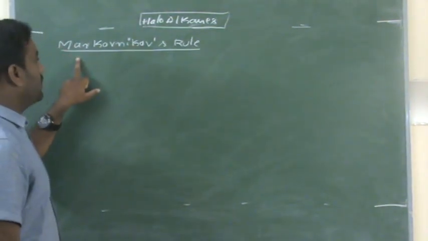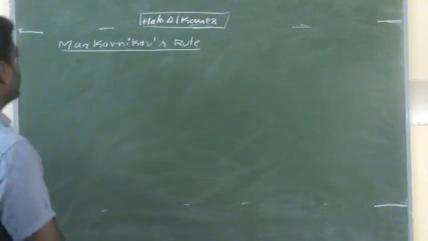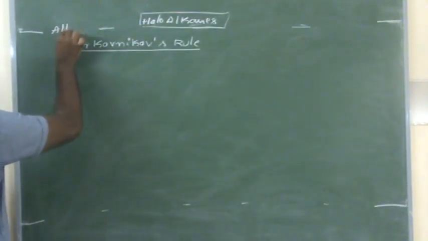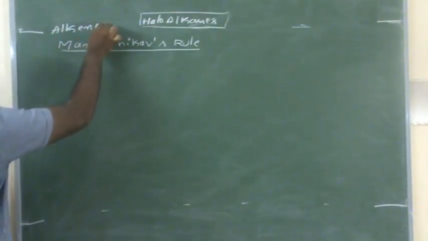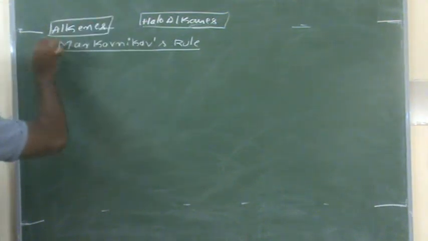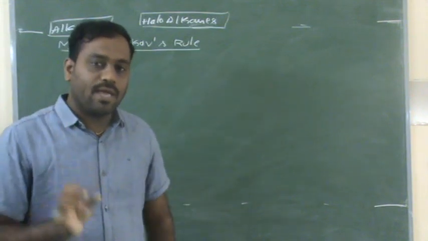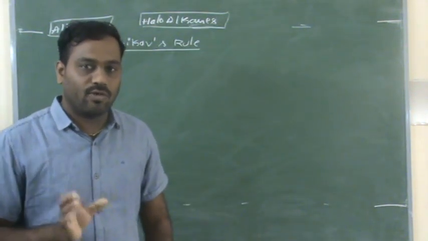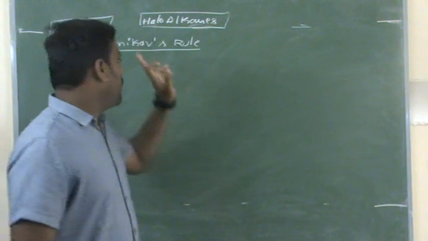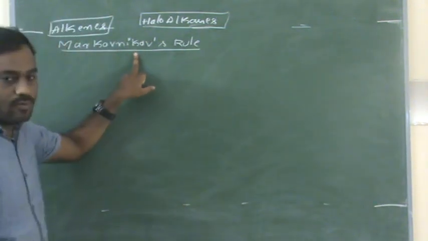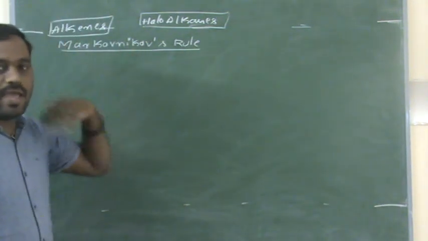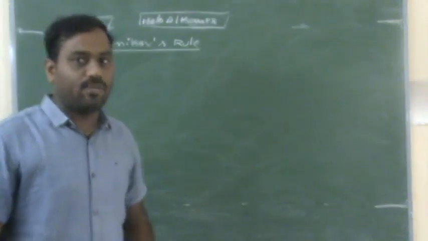A very important thing here is Markovnikov's rule. So we are preparing haloalkanes from alkenes. That is the concept we are going to discuss now. Further, there is a Markovnikov rule, and there is an anti-Markovnikov rule.